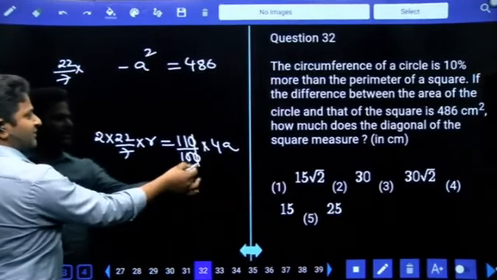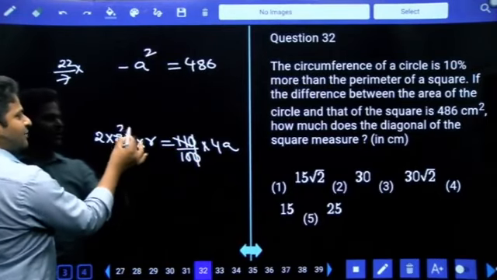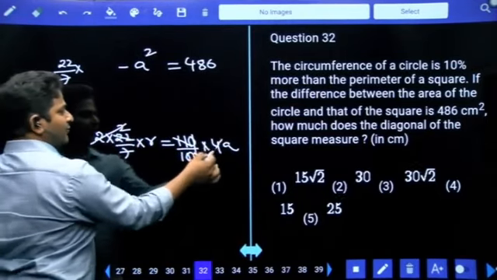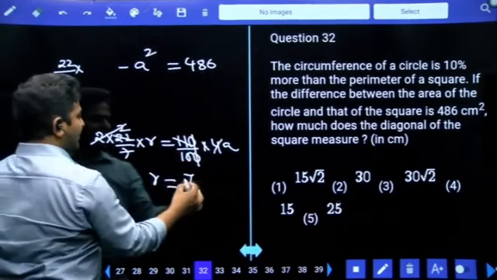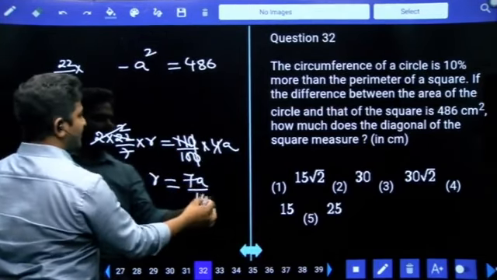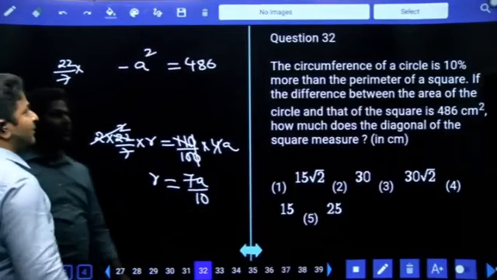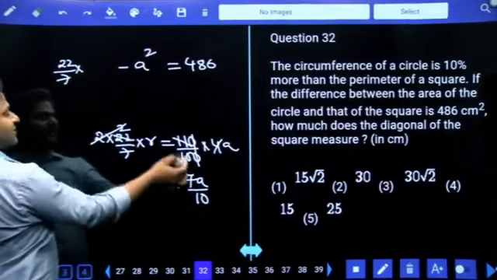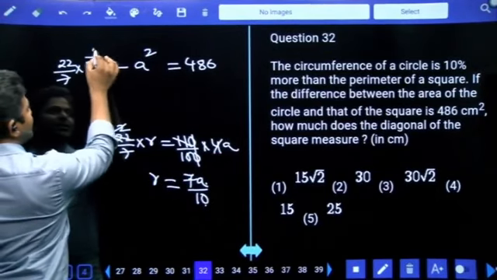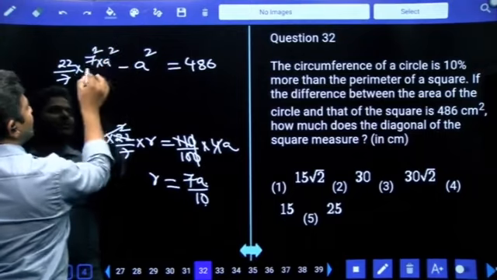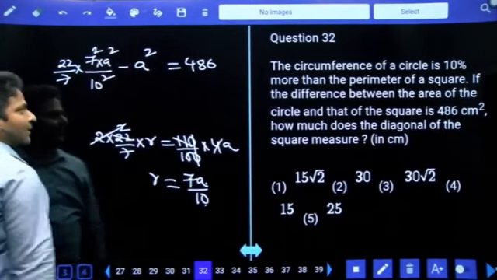The zeros get cancelled. First of all, 11, 2 times here, 2 into 2, 4. Then the radius is equal to 7a by 10, as 7 goes to the other side. Now you can substitute the pi r square value as 7a by 10 whole square, 7 square into a square by 10 square.